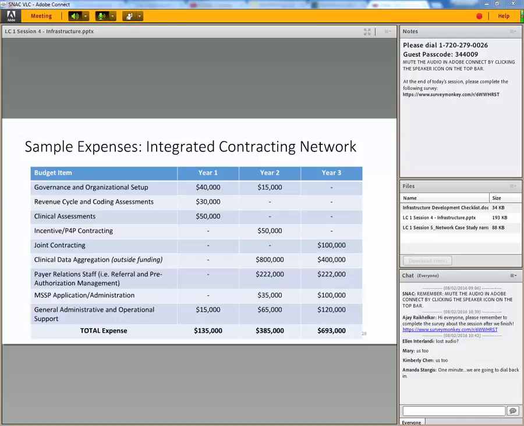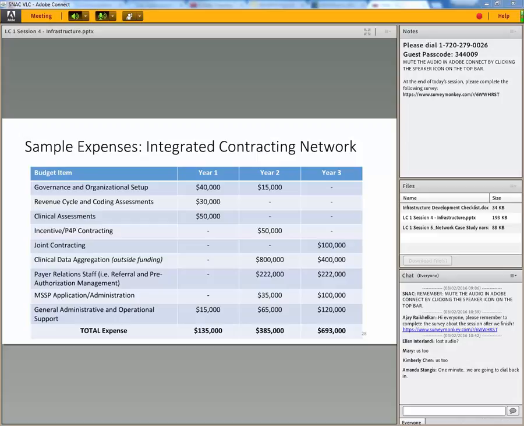And then that really big line that says clinical data aggregation with a $1.2 million investment over a couple of years. But this is a pretty realistic breakout, not necessarily of the cost, although there's a lot of variables that go into that, but a pretty realistic breakout of what an organization might need to get itself up and running over the course of 3 years.